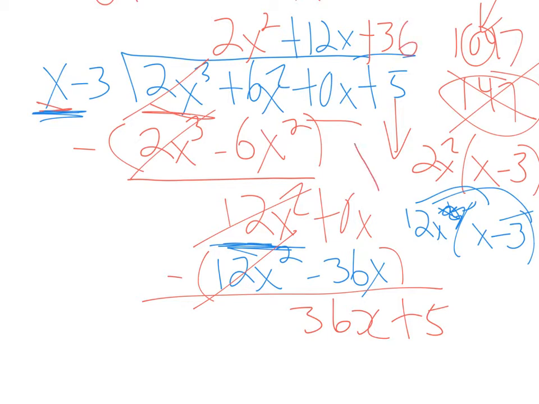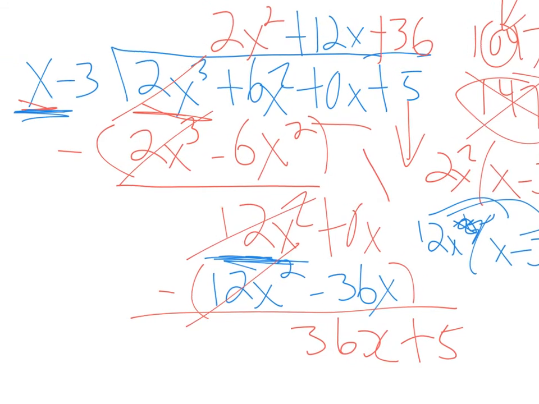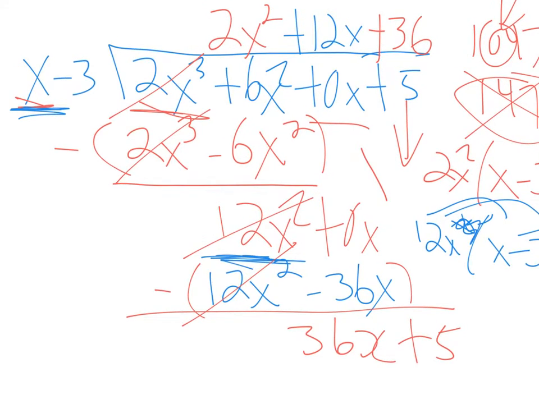So now, same thing. I'm always doing that. So let's move it over here so I can get a bit more room right there. And now I need to multiply out 36 times x minus 3.